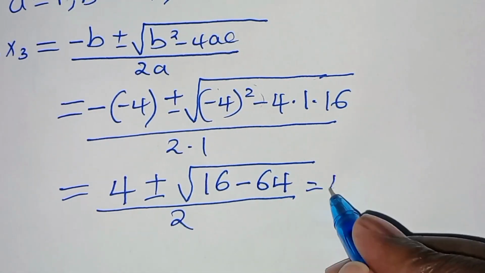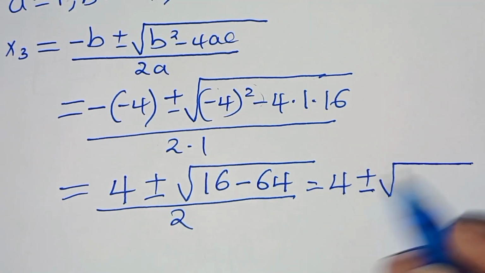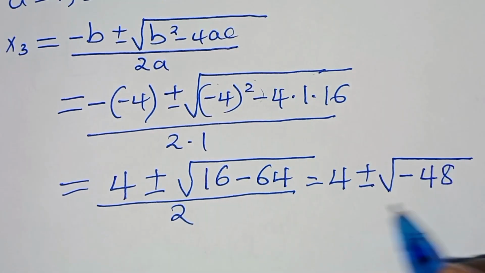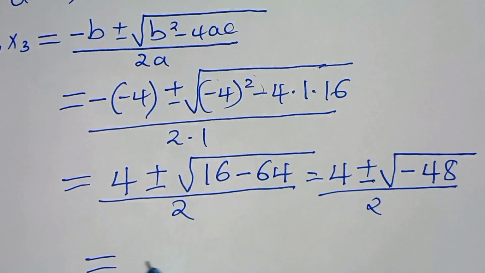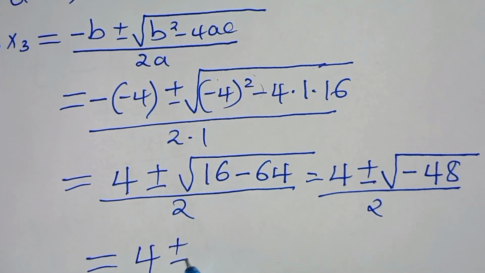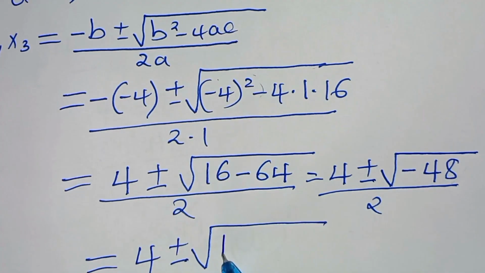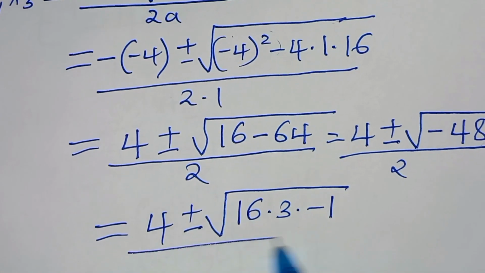So here we have 4 plus or minus the square root of 16 minus 64, which is minus 48, divided by 2. So this means that we have 4 plus or minus, and we can express the square root of minus 48 as the square root of 16 times 3 times minus 1, divided by 2.